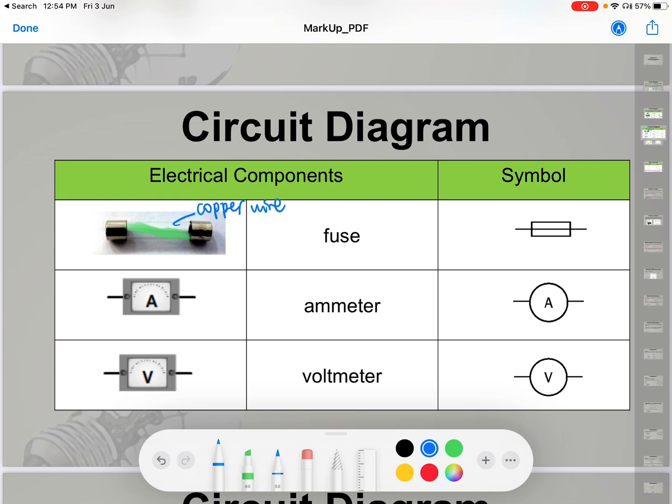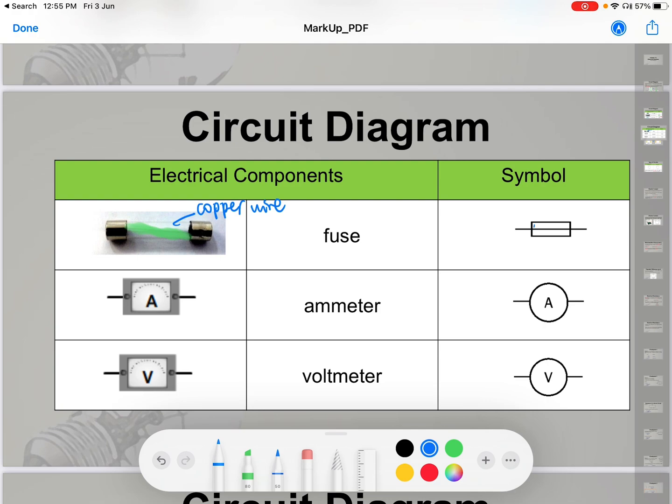So the fuse, as we will know later on, will help to regulate such that the current in a circuit will not be too much. If it's too much, then it will serve to stop it, to break the flow of current, so that there will not be any chance of overheating or even an electrical fire, etc.